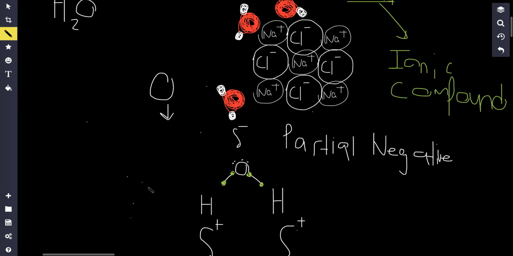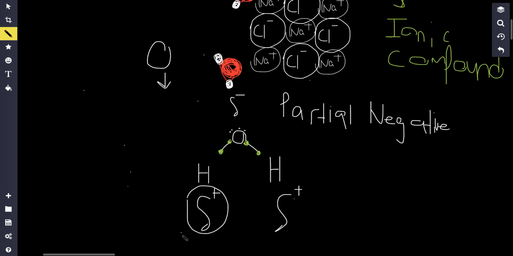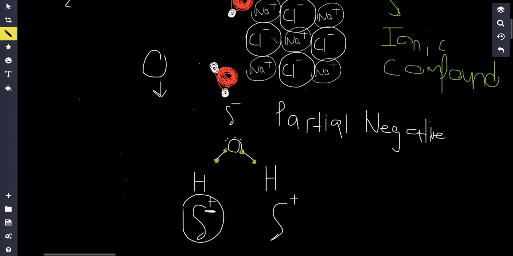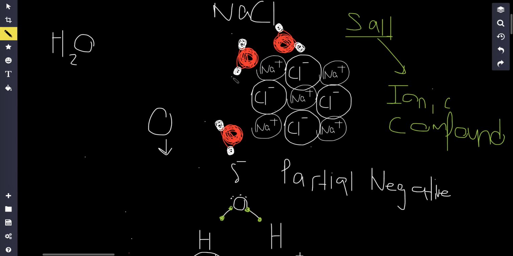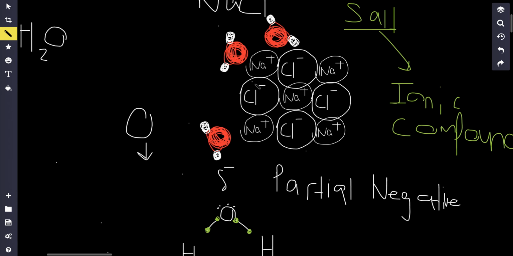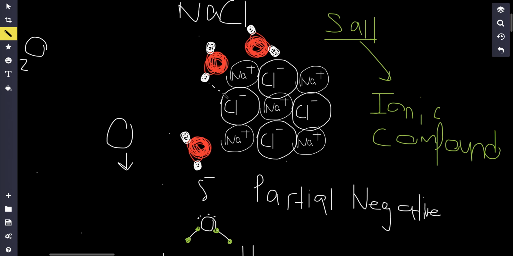Likewise, remember, my hydrogens are partially positive charged, and a positive charge is going to get attracted to a negative charge. So you can imagine that these hydrogens are attracted to this Cl minus anion. So hydrogen and the chloride ion are going to be attracted to each other, while the oxygen and the sodium ion are going to be attracted to each other.